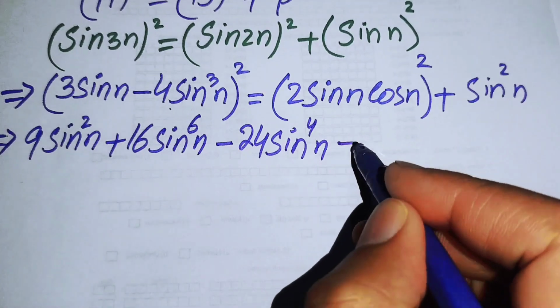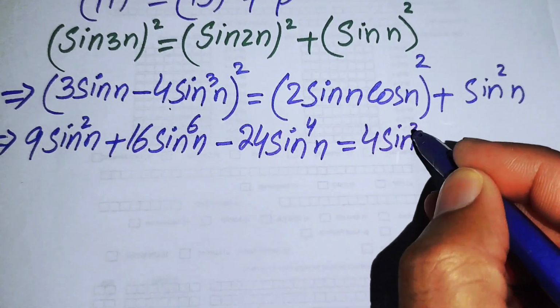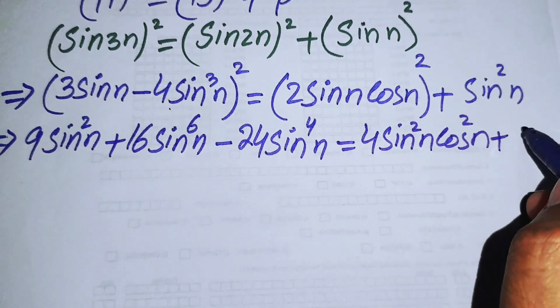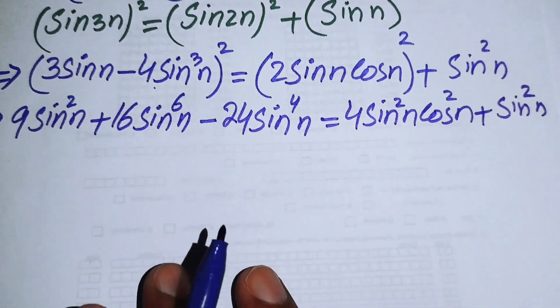Our right hand side will be written as 4 times sine square n cos square n, plus we have sine square n.